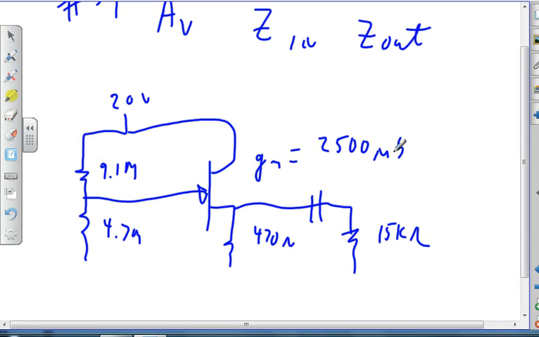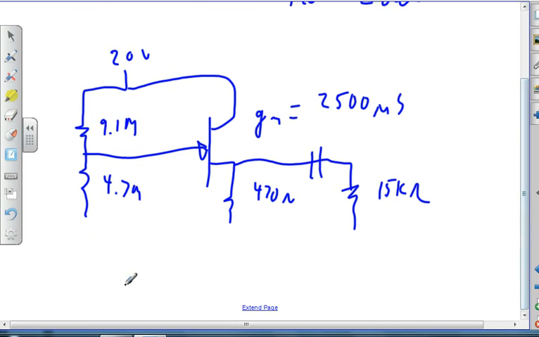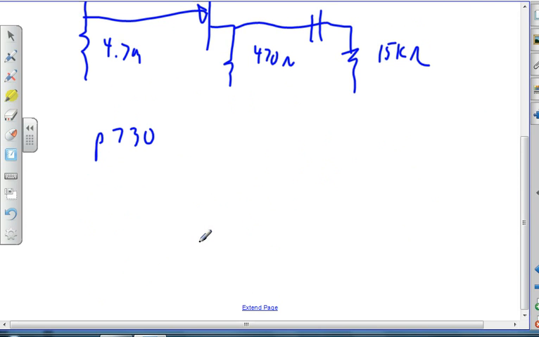So on page 730, for the circuit that I have, which is the guy on the top, I find that R big D.